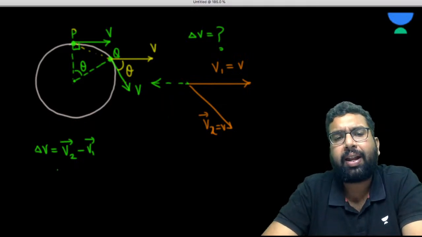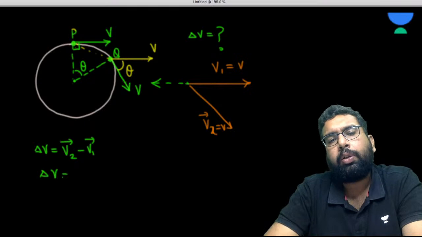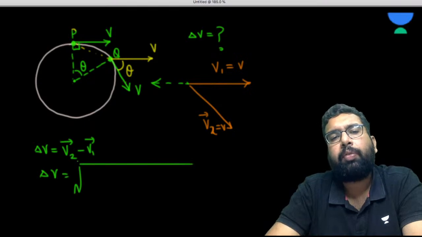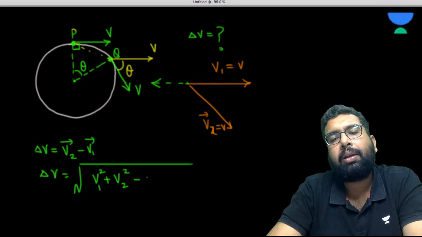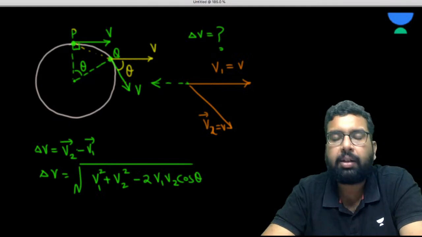So let's directly use the formula. What is going to be delta V? I'll write the formula first: V1 square plus V2 square minus 2 V1 V2 cos theta. This is the formula for the case when there is a minus in between.